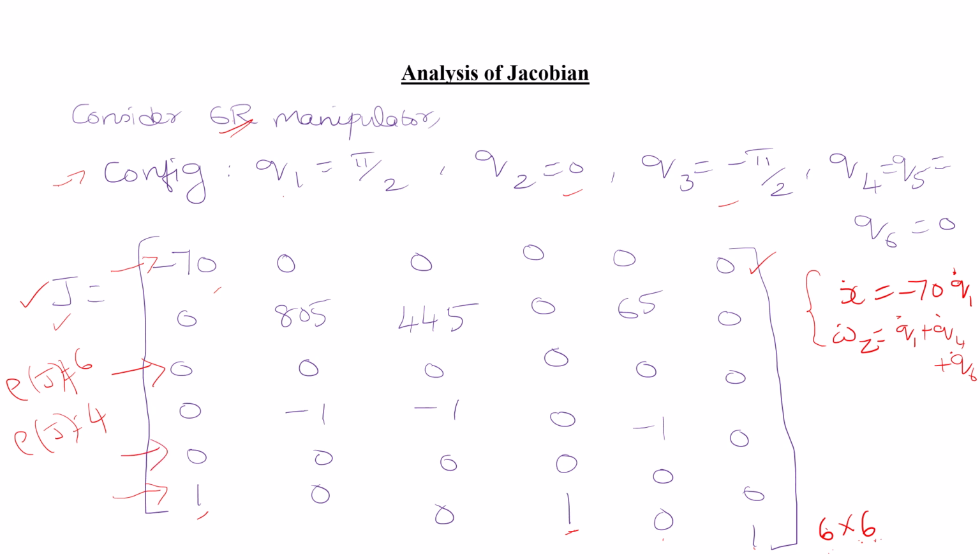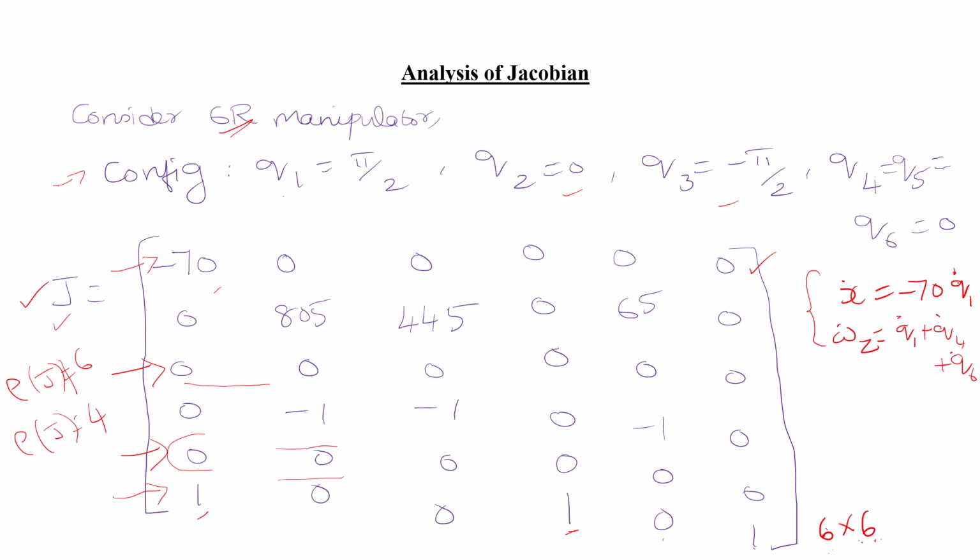So if your rank is reduced, from this Jacobian we can say that though you provide the joint velocities, the linear velocity in the z direction cannot be changed. This row relates the linear velocity in the z direction, and this row is responsible for the angular velocity in the y coordinate.